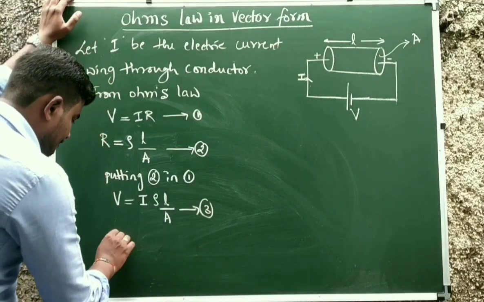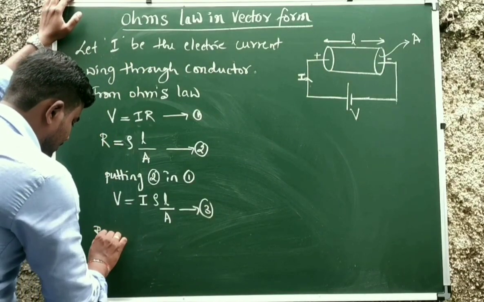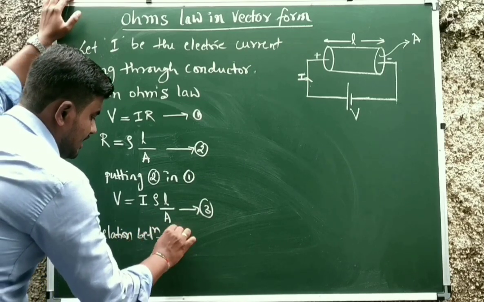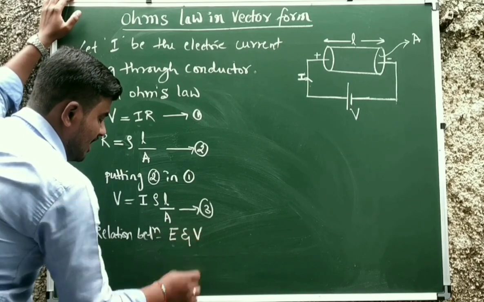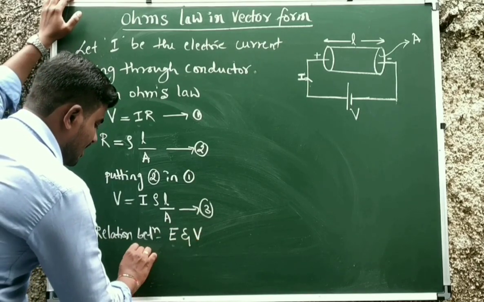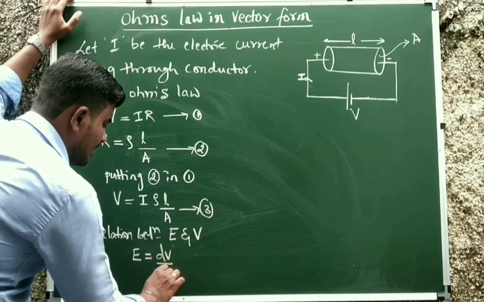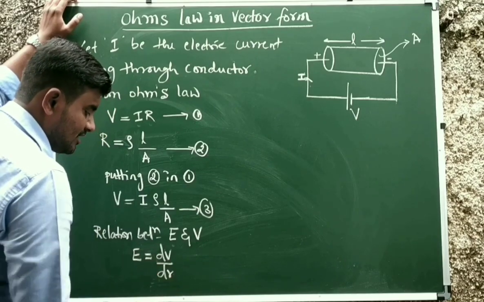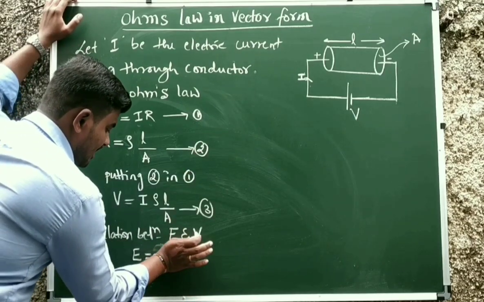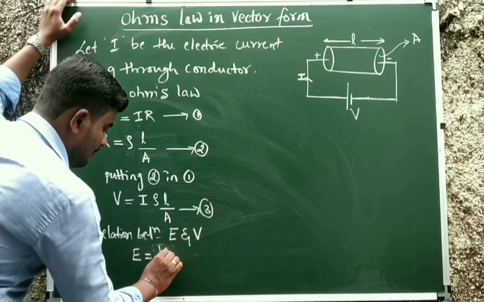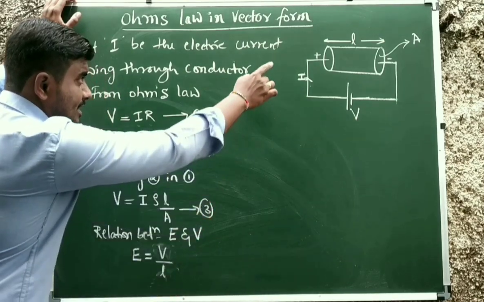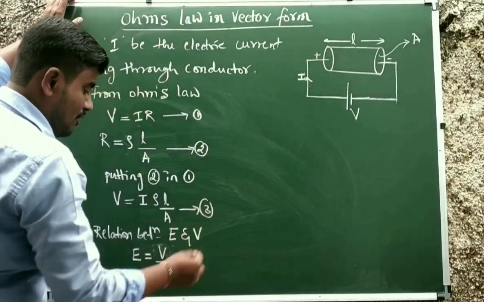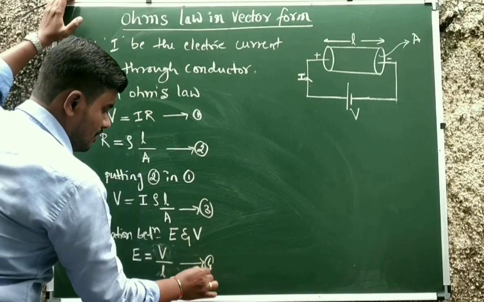I can write the relation between E and V, where E is electric field and V is electric potential: E is equal to dV divided by dr, where dV is electric potential and dr is distance. In this case I can write it as E is equal to V divided by L, because L is length. An electron is traveling from this point to this point, that is what we have assumed. Let us call it equation 4.